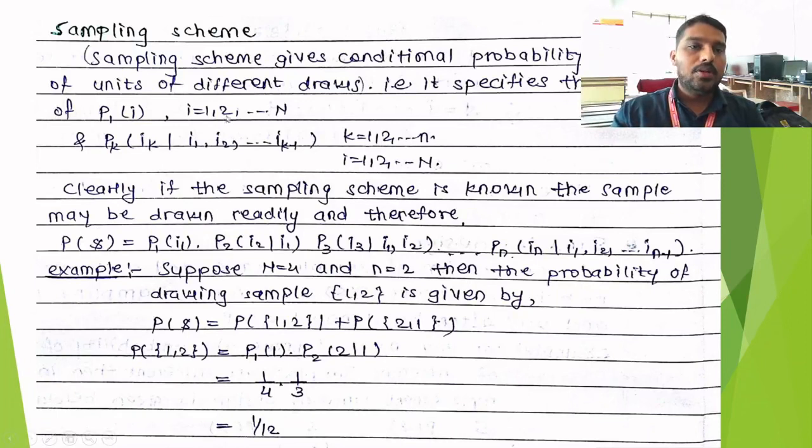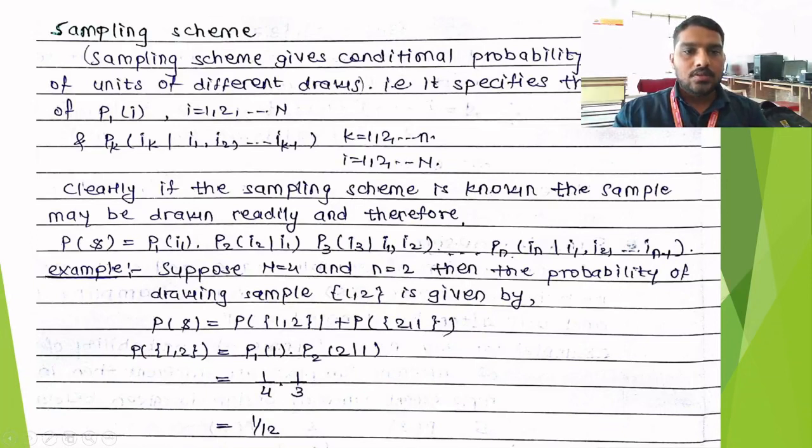So it is the probability of selection of the i_k-th sample unit, given that i1, i2, ..., i(k-1) sample units are already drawn. Clearly, if the sampling scheme is known, the sample may be drawn readily, and therefore the probability can be estimated by using the conditional probability law. So the formula is given here.